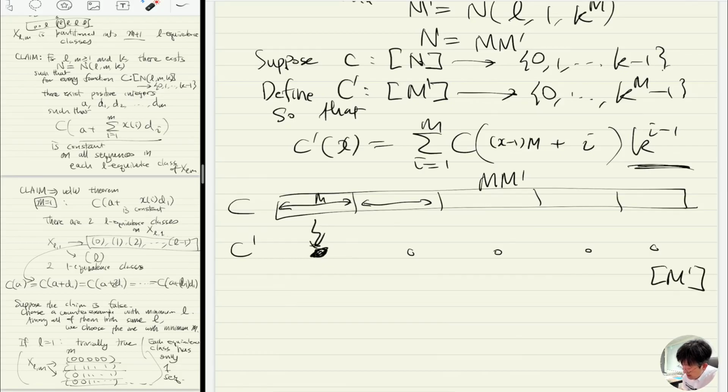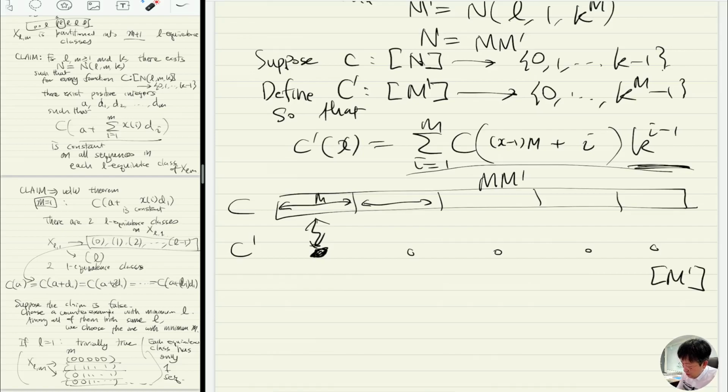By using this expression, this is a bijection. Whenever I have integers from 0 to k to the M minus 1, I can write it as a base k expansion, and then we can determine the coefficient that will give the color over C. So C and C prime are like the same animal, just compressed or expanded.